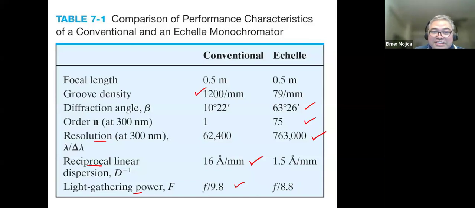So see the difference between these two types of monochromator.